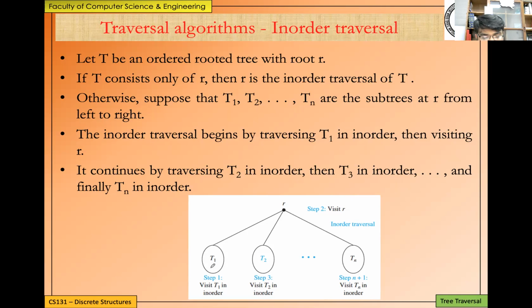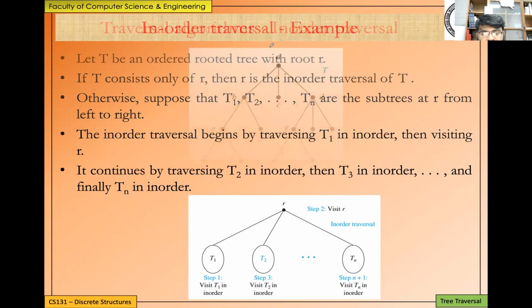So it visits this child first, whatever T1, in in-order form again. So again, this is a recursive call. Then it visits this one, so this is step 2, and then it visits the others, ultimately reaching the last one. So it starts with the left subchild, visits the root, and then the other children. So this is in-order, right?